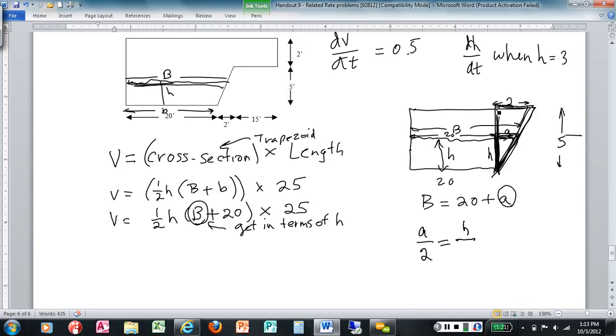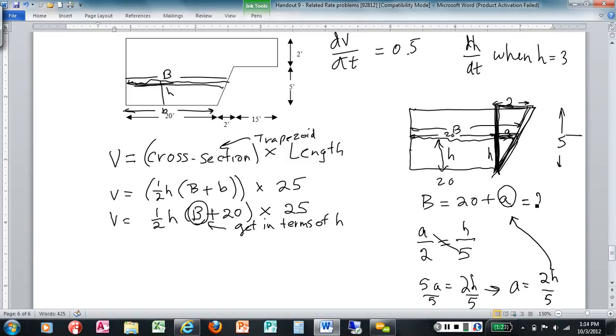Doesn't H go to 5? Because that total height there is 5. With me on that? A is to 2 as H is to 5. Well, if I cross multiply, 5A equals 2H. Divide by 5, I've got A is 2H over 5.